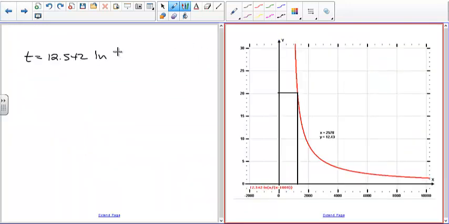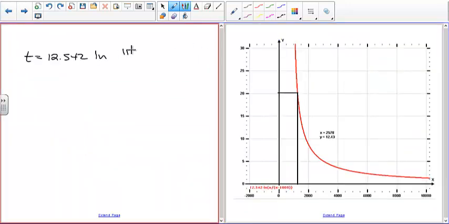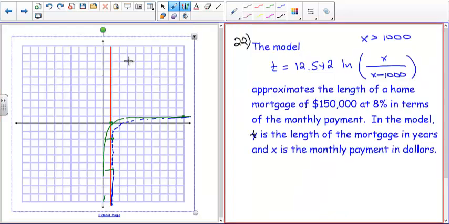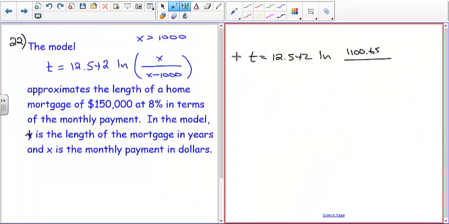So what we're looking at, I've already forgotten what the problem says, $1,100.65. So we'd have $1,100.65 divided by 1,100.65 minus 1,000. We have to use our calculator that has a natural log function.